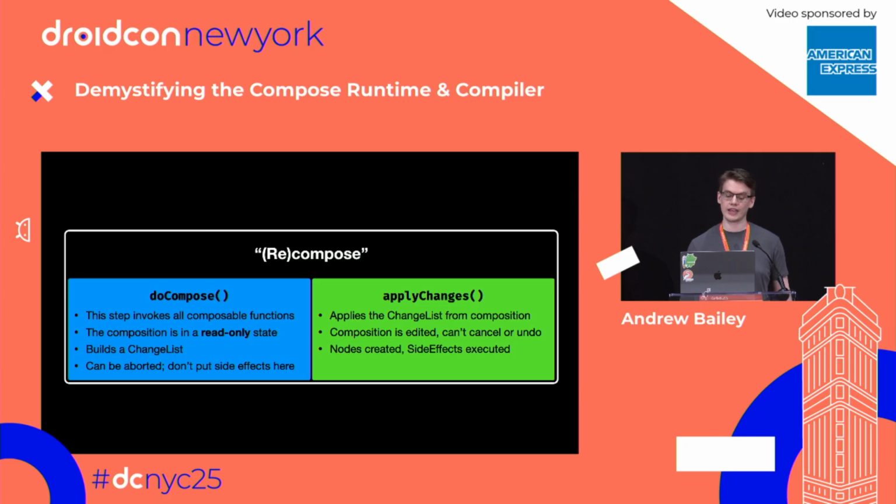So for the case of composition, we can do things like abandon or restart if we wanted to, but we don't have that same luxury with applied changes. If we fail here or can't complete, we have to do it exceptionally, and we need to throw away the entire recomposition. This is where all of the nodes actually get created. This is where the entire change list will execute, and this is where you want your side effects to be.